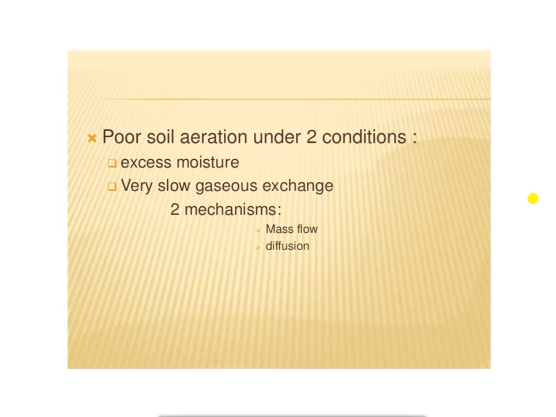The soil is mostly occupied by soil water, so the percentage of soil air is very low. Due to its nature, it is called poorly aerated soil. It has very slow gaseous exchange.